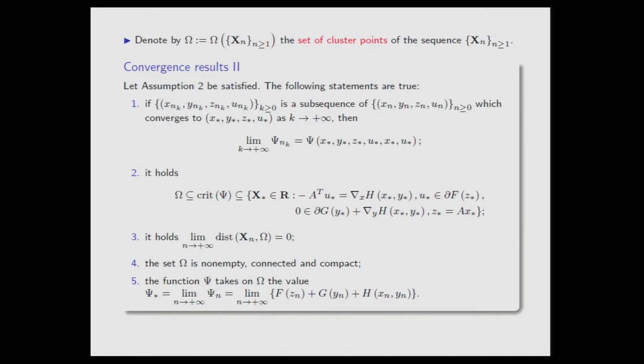But for me the most important statement is the following: the set of cluster points is a subset of the set of critical points of psi, and this set is the set of KKT points of my problem. And it is very important.